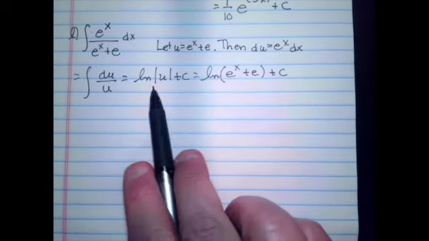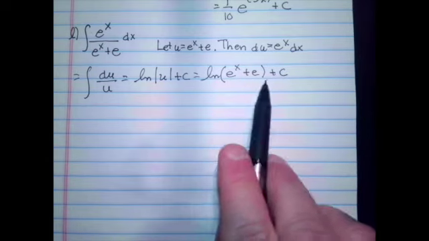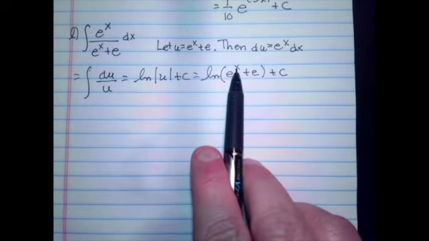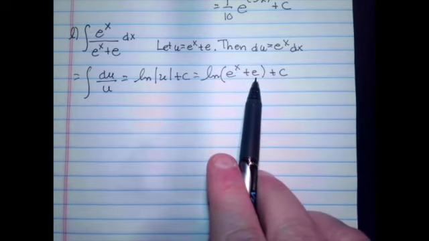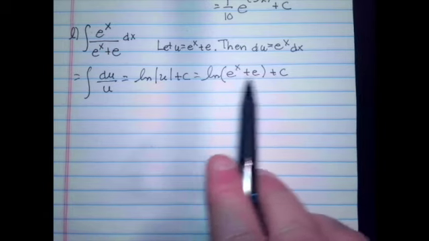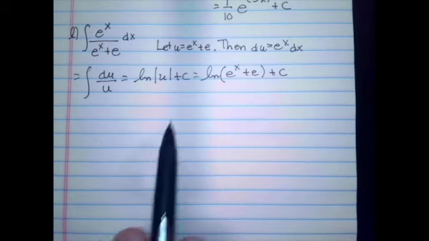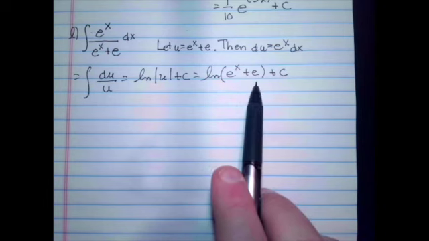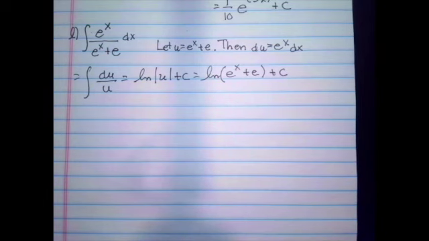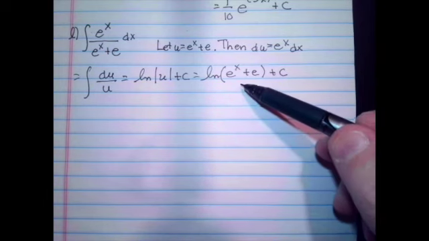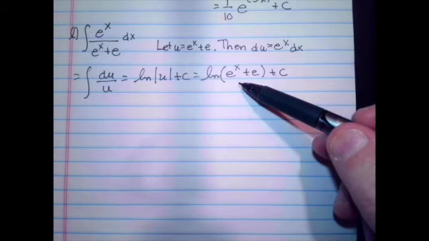I traded the absolute value symbols in for just parentheses because I know that e to the x is always positive and e is a positive number, so I'm always taking the natural log of a positive quantity here. Also, this answer does not look exactly like the answer that is provided in the solutions. I believe I prefer this version of the answer a bit better.